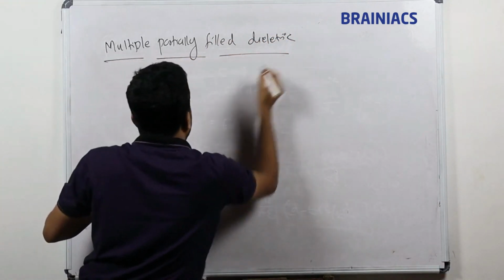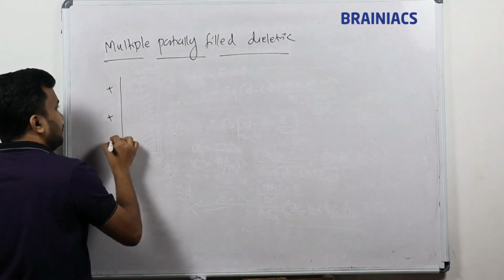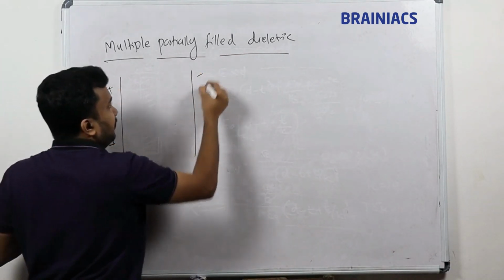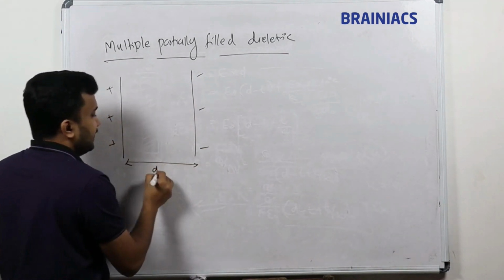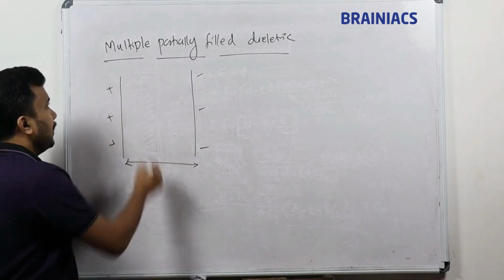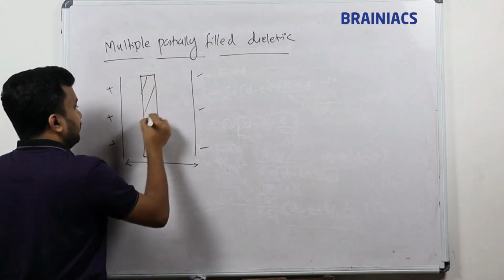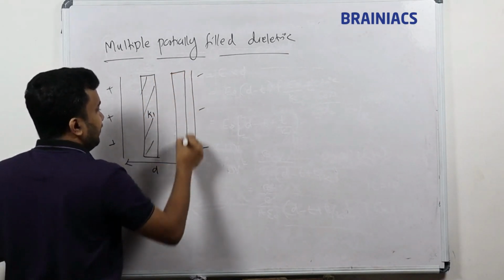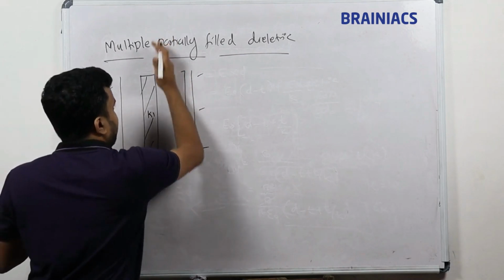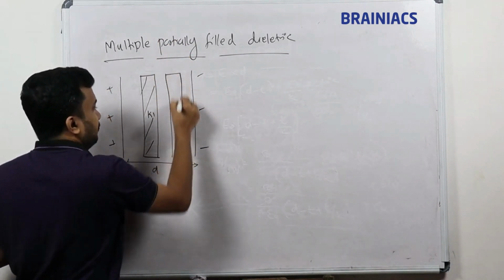Multiple partially filled dielectrics, which means I have a positive plate and a negative plate. The total distance between them is given as d. I have filled one dielectric like this, and this is K1. I have filled another dielectric like this one, not very close to the border, somewhere in between, with some gaps.